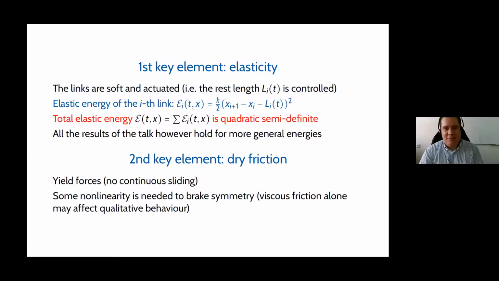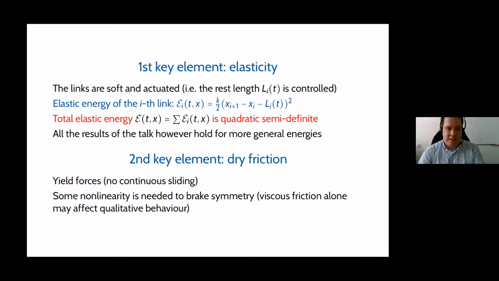The second key element is, of course, the interaction with the environment, so friction. And the reasonable choice to consider is dry friction, or Coulomb friction. One would like maybe mathematically to use viscous friction, so linear friction, because it is mathematically easier. This is not good for two reasons.